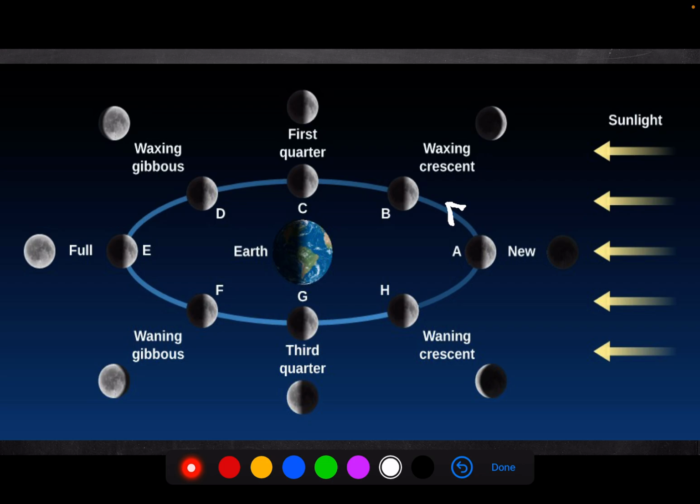And then the last waxing phase, where the light is growing, is the full moon. And that's when the light is completely covering the side of the moon that we can see. And that is when the moon is on the opposite side of the Earth from the sun. So the moon will be covered in complete sunlight, and that's why we can see a full moon.